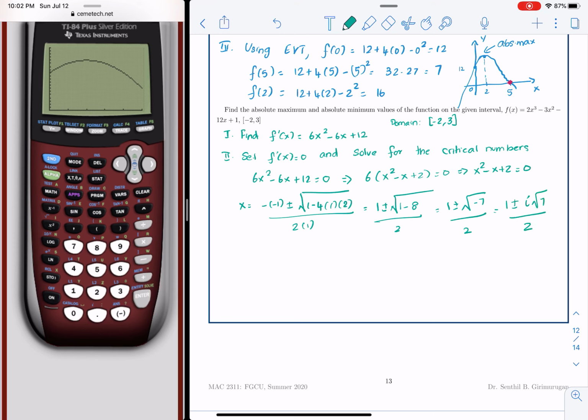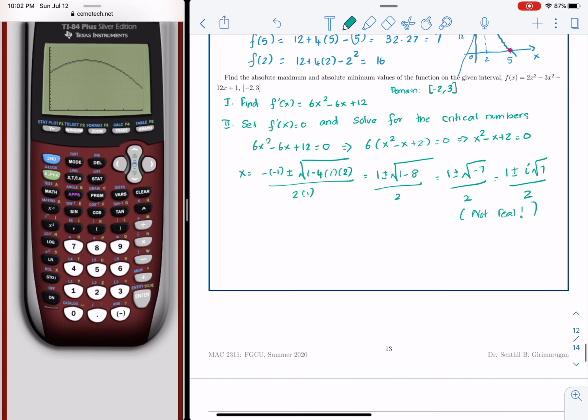And clearly, this is not real. So what we're about to say here is this particular function doesn't have any absolute maximums or minimums in the middle between -2 and 3.